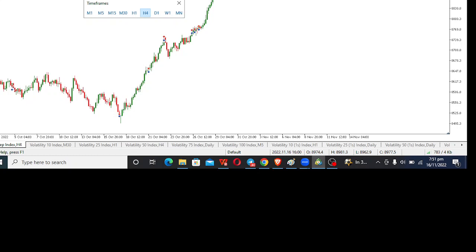Step Index, as you can see here, I have this zone over here. So I know that here the market reacts, based on the explanation. I'm giving the example based on the explanations that I just gave you. So I am marking my support down here, and then I have the resistance over here.